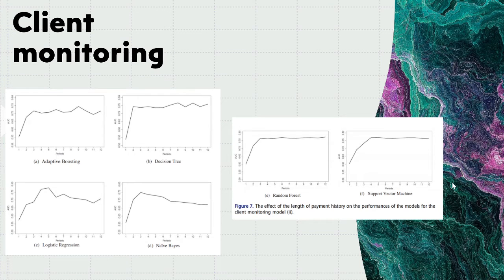And here, for investigating how far into the past one should look for data collection, they compare different methods, which leads to the conclusion that it is sufficient to use the past 4 periods for all decision tree models, random forest and support vector machine models.